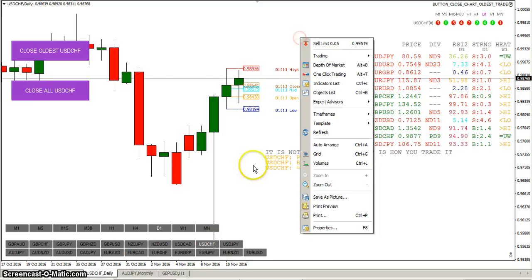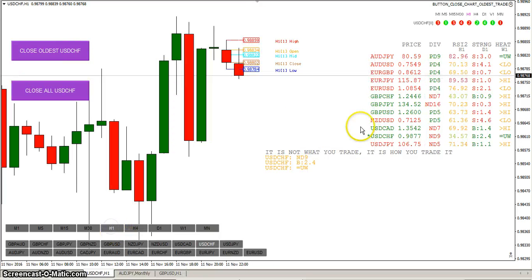And of course, if you change your chart period, if you set this to current, it will change along with it. And these two are tied together. Okay, so this is the divergence of the RSI.